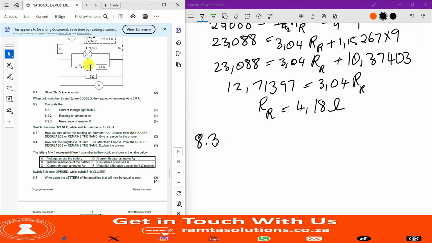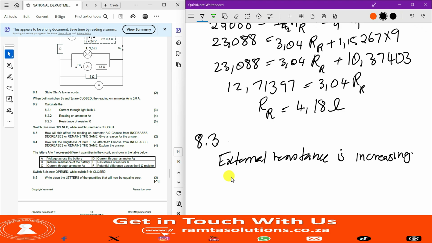It'll be a series combination. So what are you doing? You are removing a resistor in parallel. External resistance is increasing.